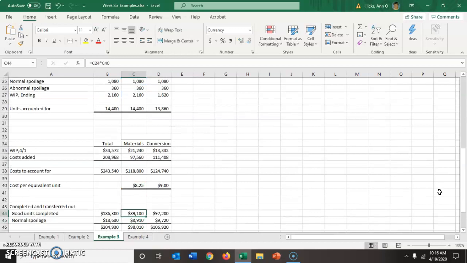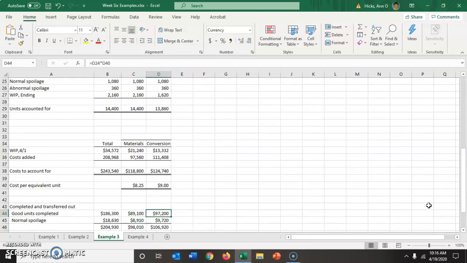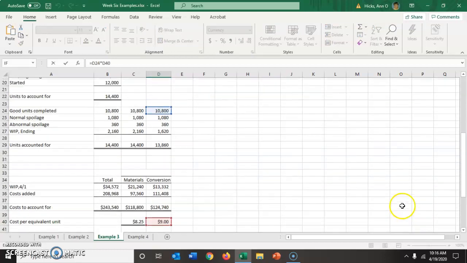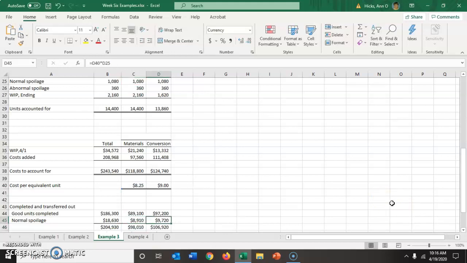So 8.25 times 10.8 for good units complete, $9 times 10.8 for the conversion costs for good units complete. Normal spoilage, 8.25 times 1,080 for materials, $9 times 1,080 for conversion costs.